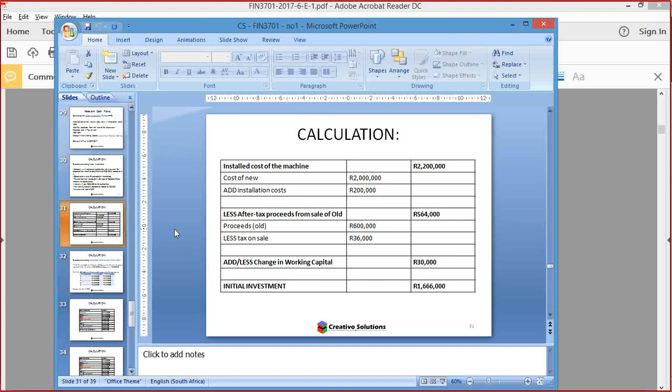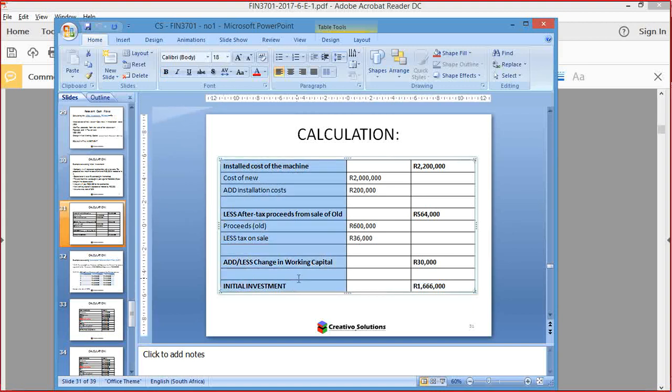This is the format that you would have to use when working out the initial investment. No one can dispute the format and the method of the calculation because it's outlined in the textbook. So if you stick to the correct approach, you're going to get it right all the time.